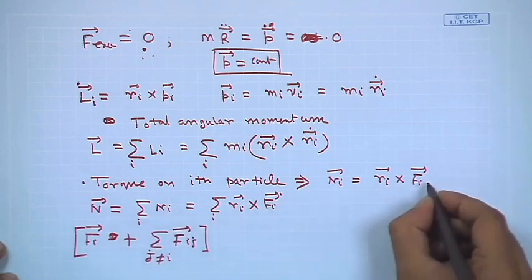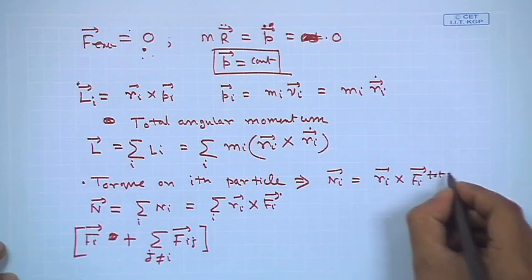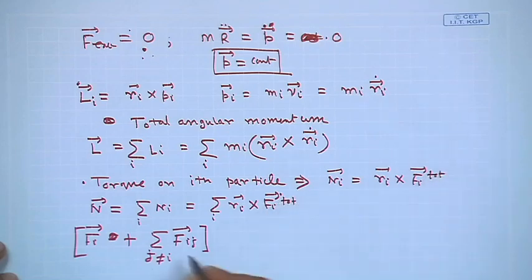I was a bit wrong here, so we have to consider the total force. So, F total has two components: F_i plus this.